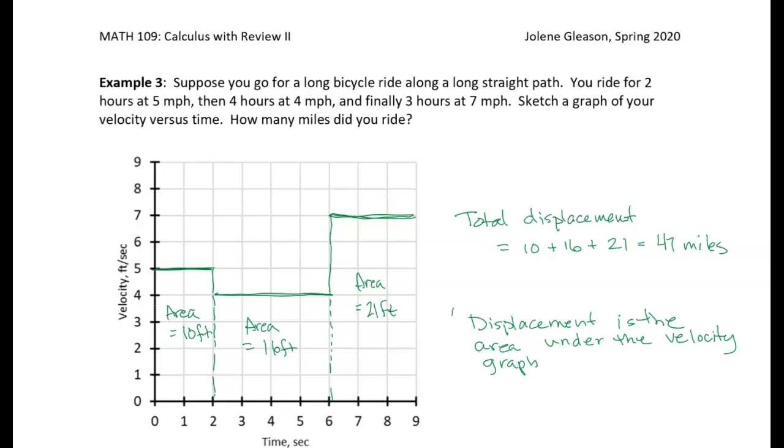So that's the important thing that I want you to learn here, that the displacement is the area under the velocity graph, which is also saying that if the velocity graph is the derivative of the function, if we graph the derivative of the function, we can get information about the original function by looking at the area under that curve, that graph.